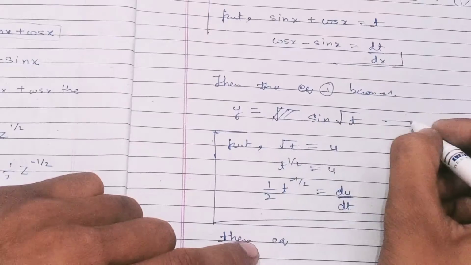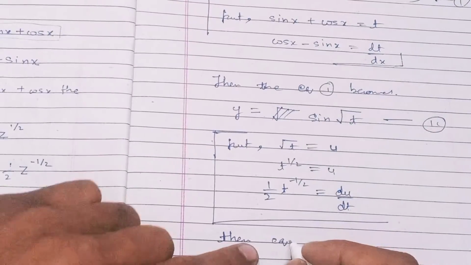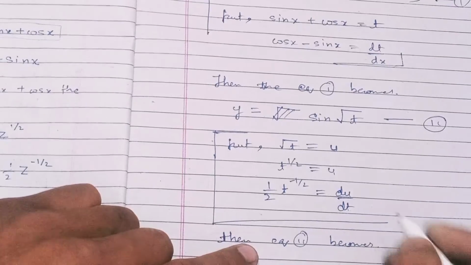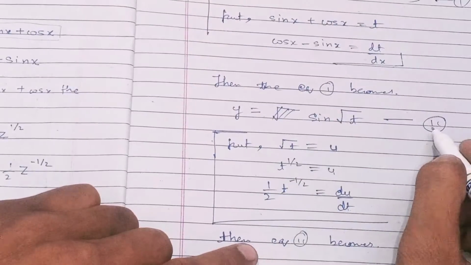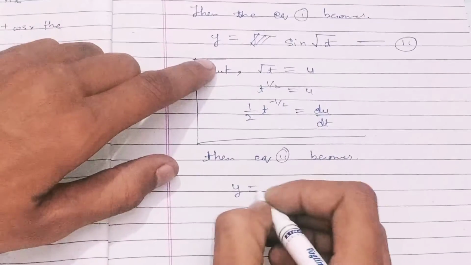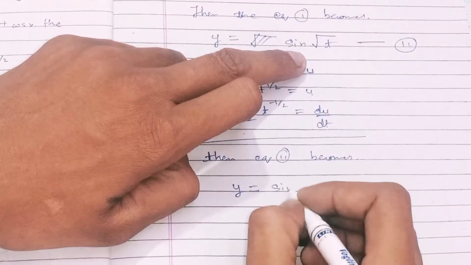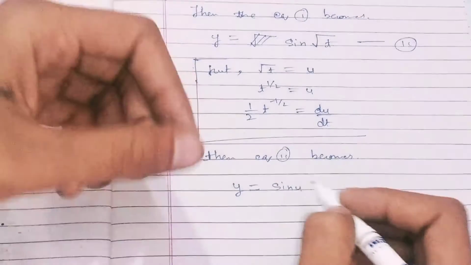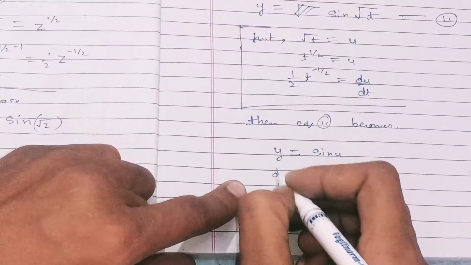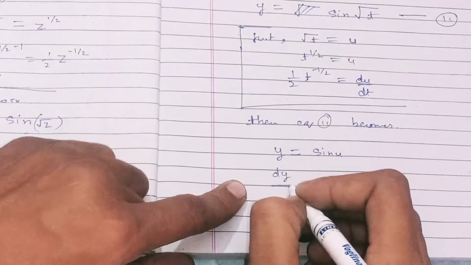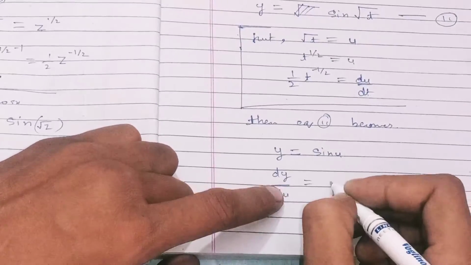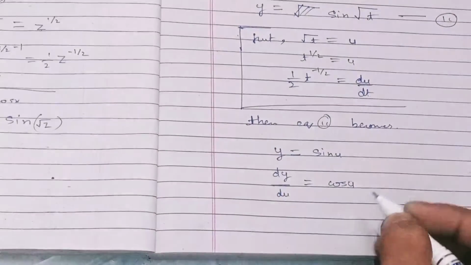Suppose it was equation 2, then after considering this value, equation 2 becomes y is equal to sine u. Now it is much easier to solve it. We can easily find its differentiation. dy upon du is equal to cos u.